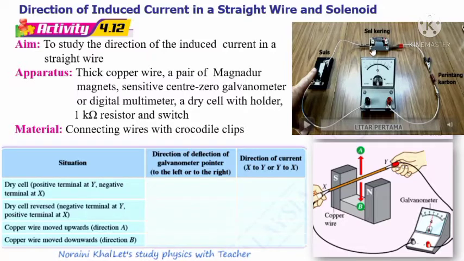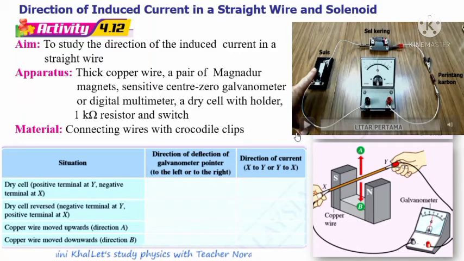You can see the dry cell is marked X and Y. This is the dry cell holder, so we just mark X and Y here. This is a switch. This part we call the external circuit, and it has a resistor here, a carbon resistor. And then in the battery holder we put one dry cell.